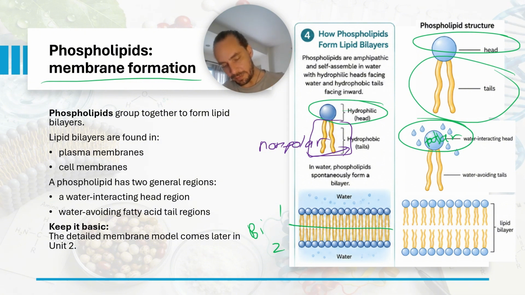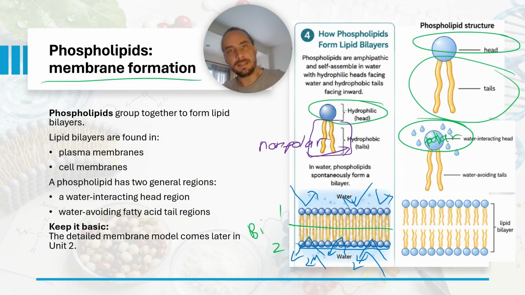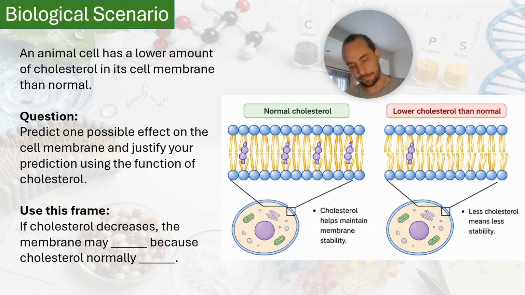So that means water has a really tough time crossing over the cell membrane, as it can interact with the phospholipid heads, but it really has a tough time crossing over this fatty layer because it doesn't interact with those molecules.